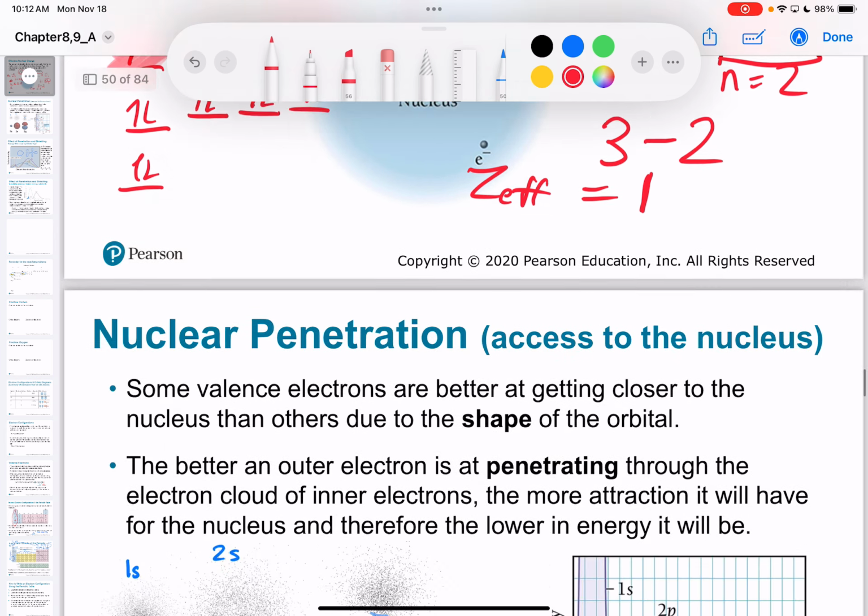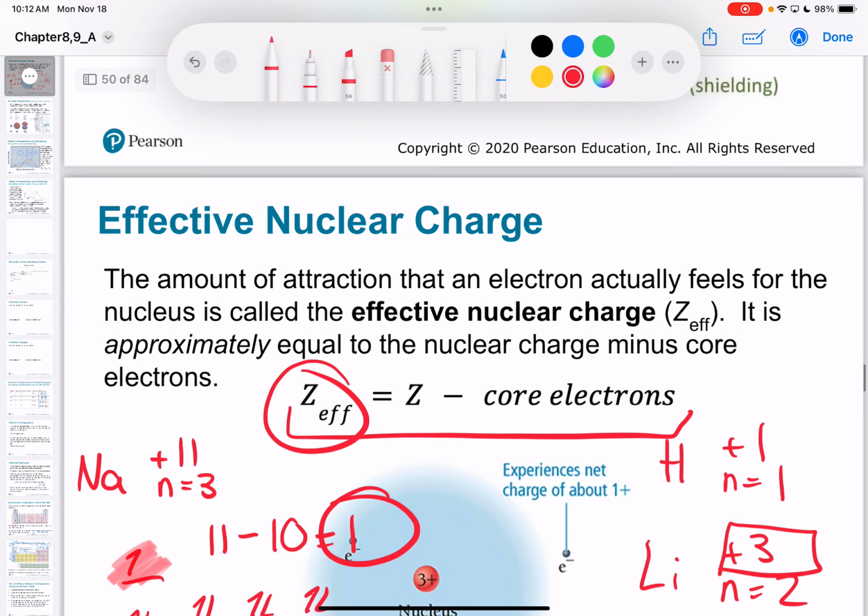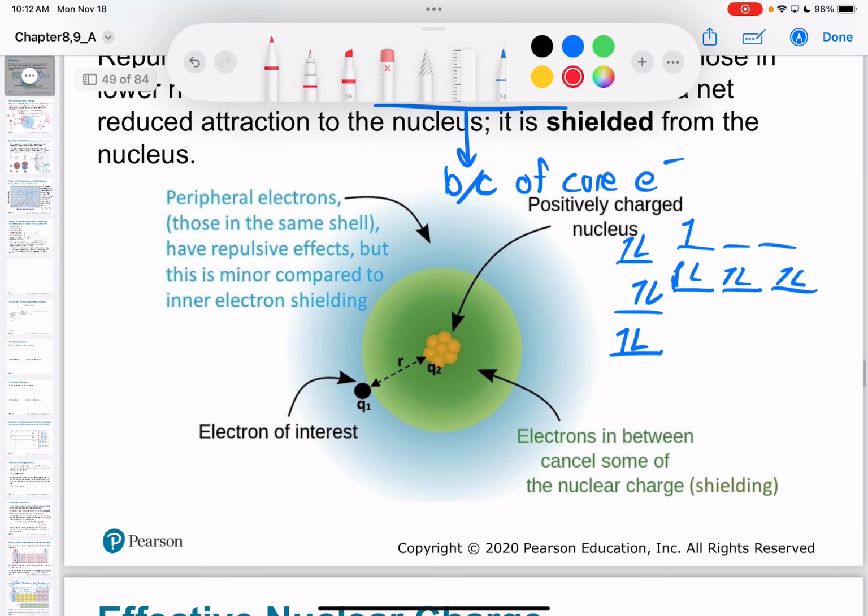Okay, so this idea that those inner electrons are blocking the ability of the outer electrons to feel the nuclear charge, that's where this idea of Z effective comes in. Conceptually that's important, but how that translates into answering a question about two different atoms is to look at the shell. So that's why that's our number one thing. Let's look at the shell.